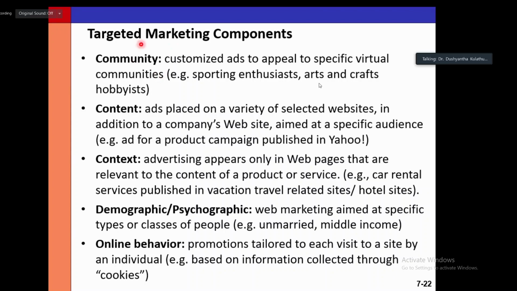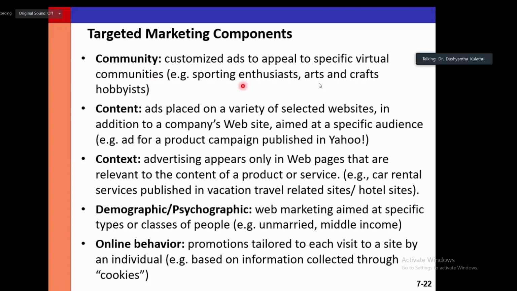One way of targeting is based on the community. That means if there is a particular community available on the internet, probably as a virtual community, and that community is the relevant group of customers that we want to target, we can target them through the particular community sites.